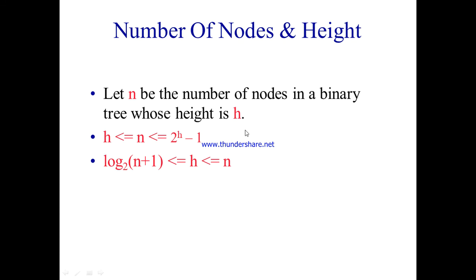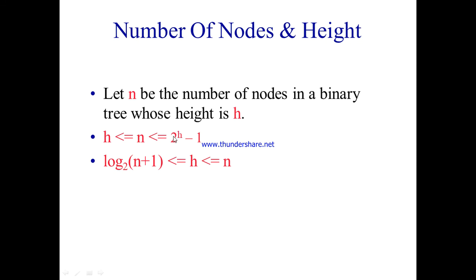If I am taking height equal to 4, the number of nodes will be 4 or more. If I am taking the minimum number of nodes, I will have 4 nodes. If I am taking the maximum number of nodes, I will have 2 power 4 minus 1, that is 15. So I can represent h is less than or equal to n.